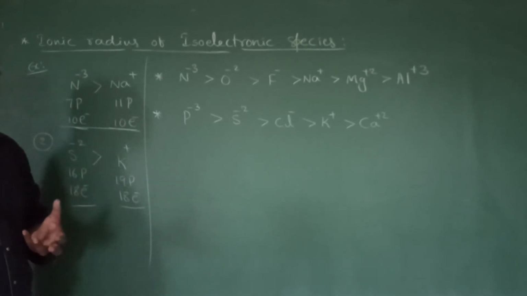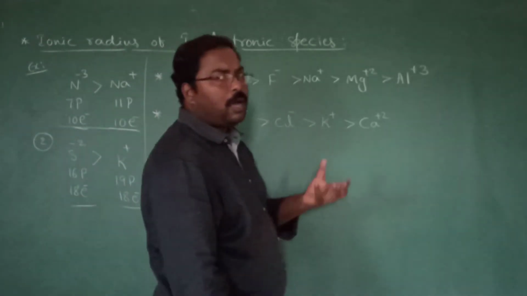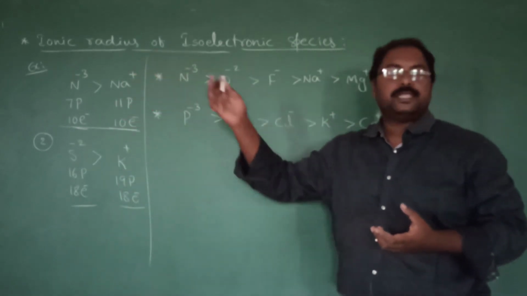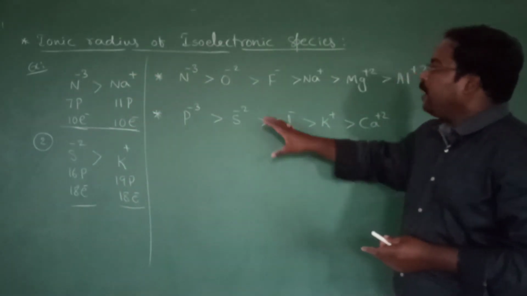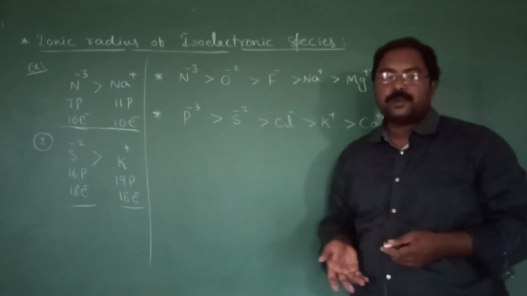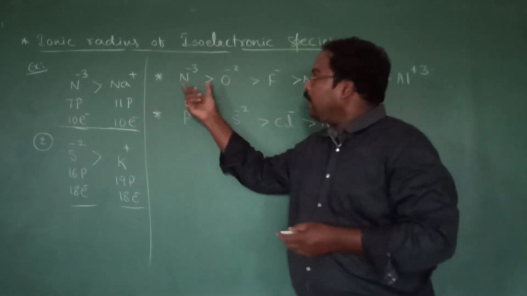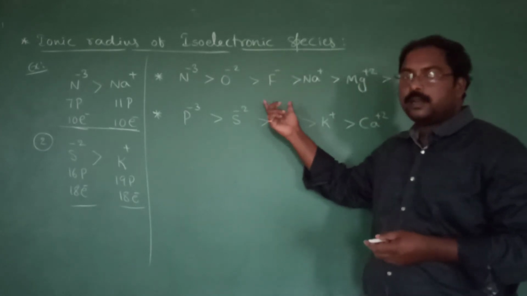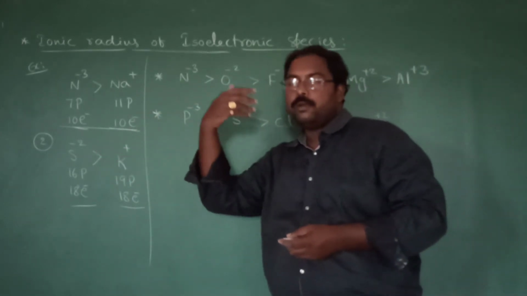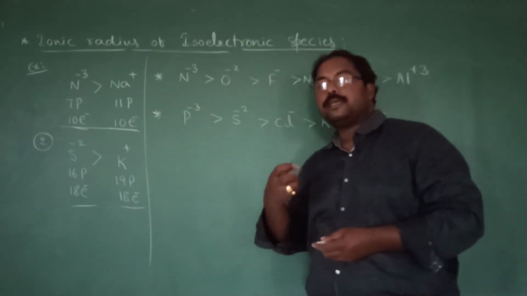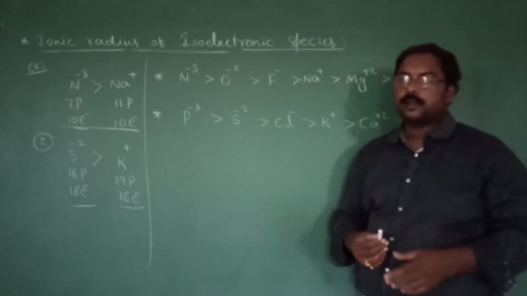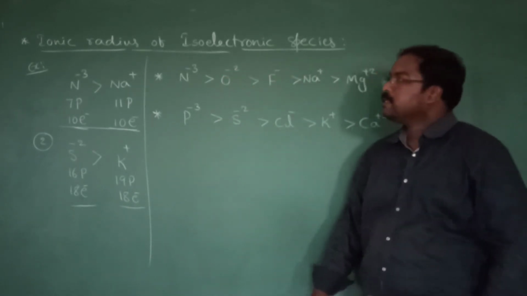Okay, even if they ask any new one, how to answer, we already discussed with reason. Okay, if I give these two sets and if I say to learn it by heart, it is a very foolish thing. So that is why this ion is bigger than the other. We already discussed. Now you should be in the position to answer for any type of question. Right?